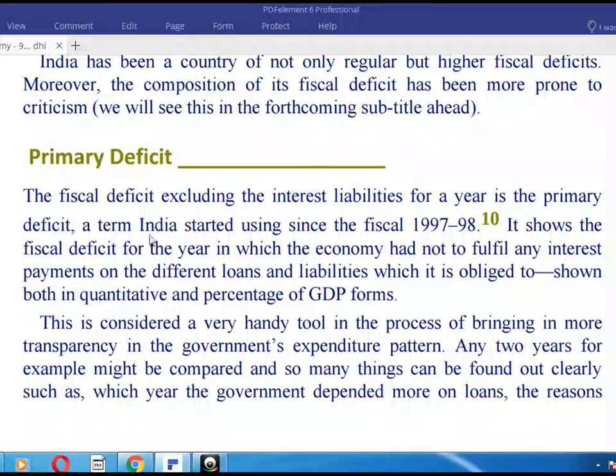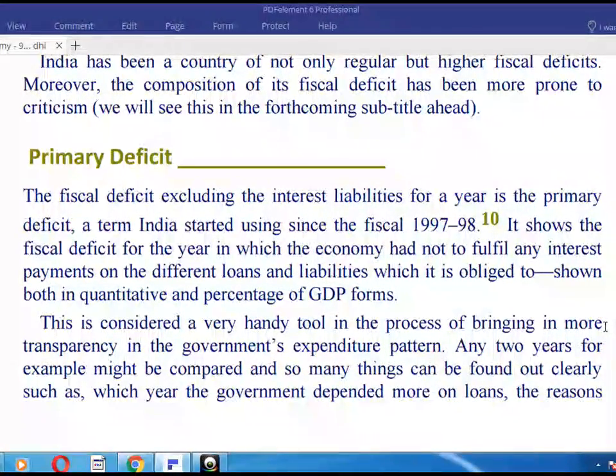It is a term India started using since 1997-98. It shows the fiscal deficit for the year in which the economy had not fulfilled any interest payments on the different loans or liabilities it is obliged to pay. It is shown in both quantitative and percentage of GDP form. This is considered a very handy tool in the process of bringing in more transparency.